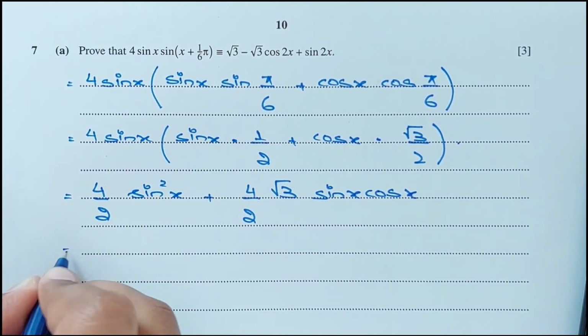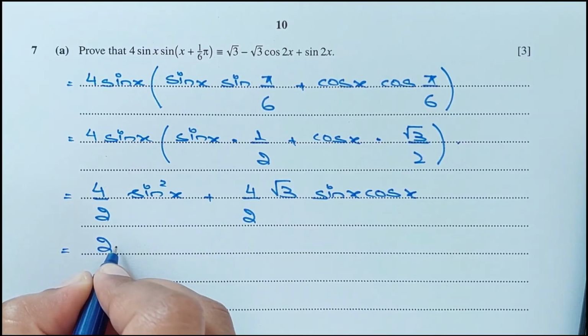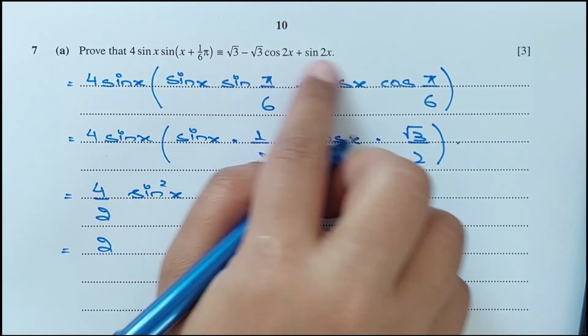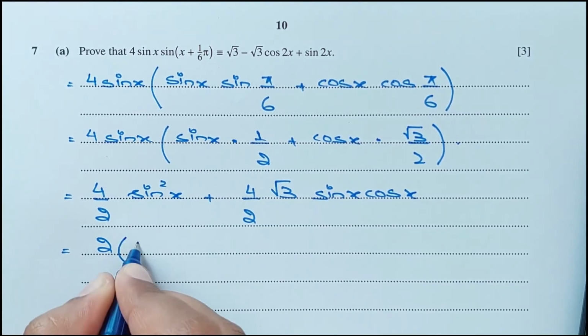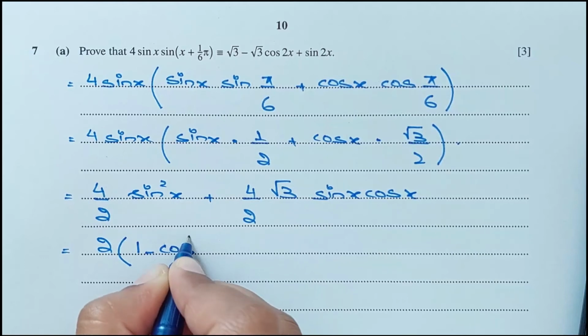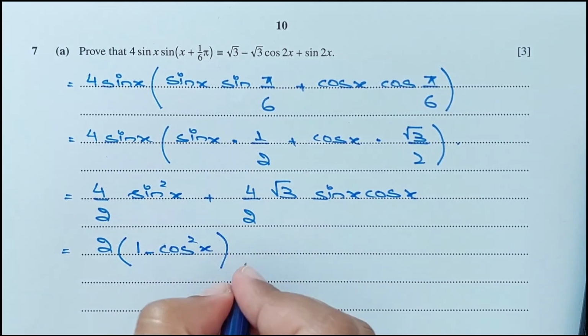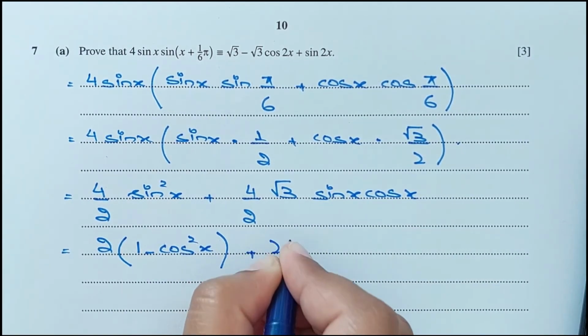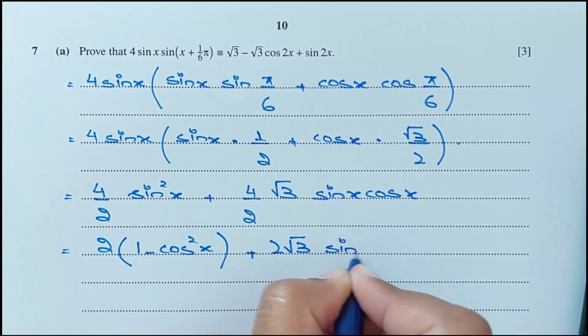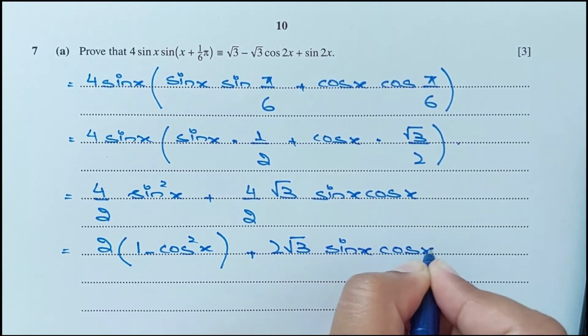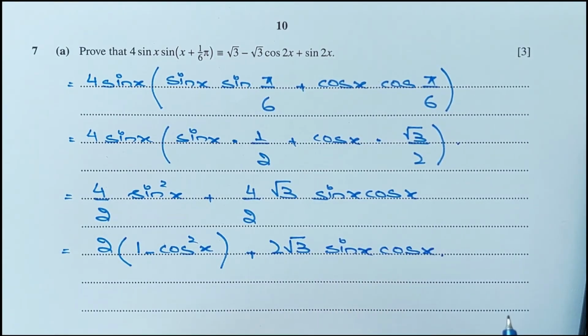4 by 2 is 2 sin squared x. We need this in terms of cos 2x and sin 2x. Sin squared x is 1 minus cos squared x, plus 2 square root of 3 sin x cos x.